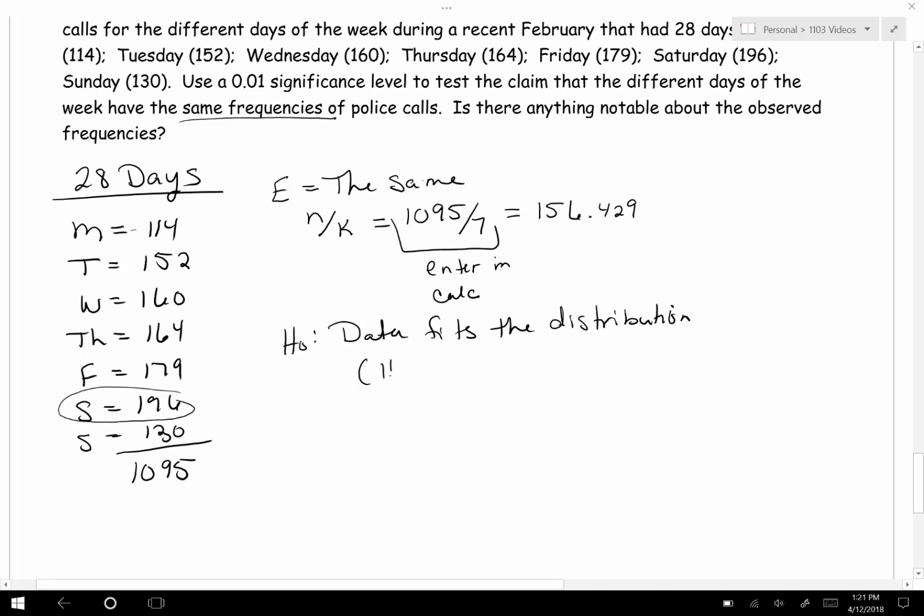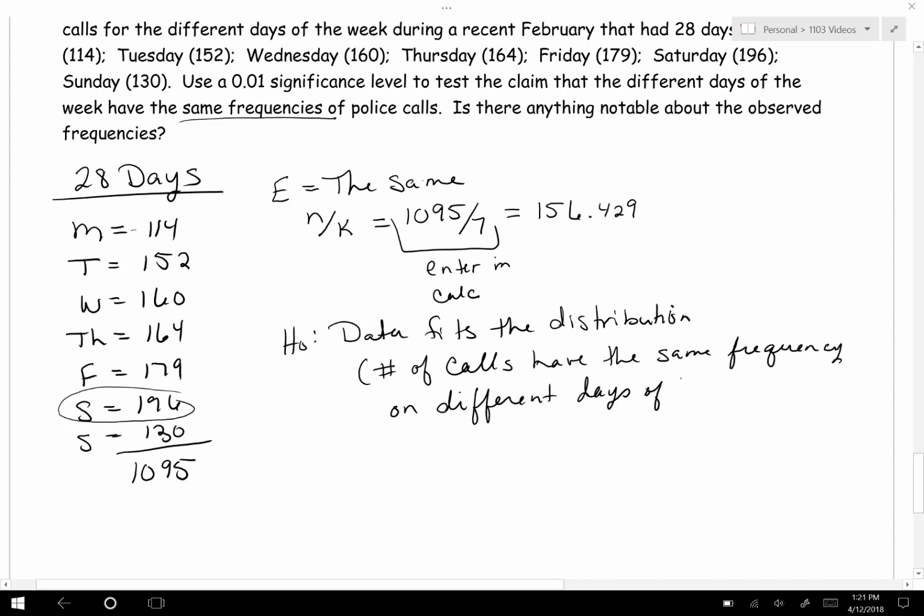That is, the number of calls have the same frequency on different days of the week. And the alternative is that the data does not fit the distribution.